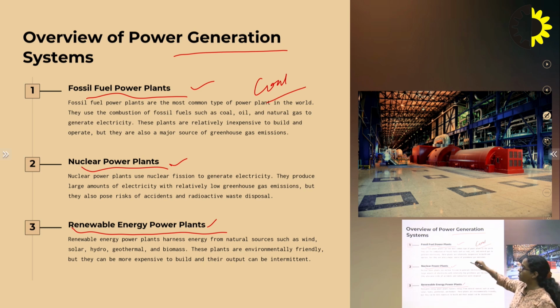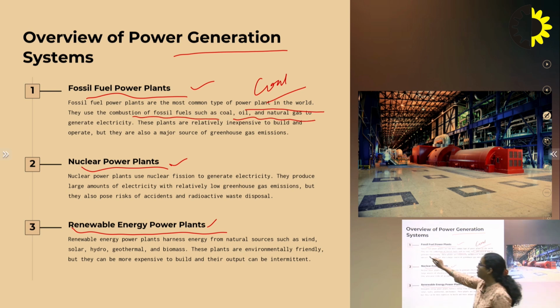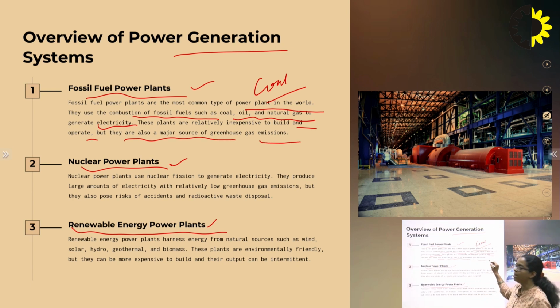Fossil fuel power plants are the most common type of power plant in the world. They use the combustion of fossil fuels such as coal, oil and natural gases to generate electricity. These plants are relatively inexpensive to build and operate, but they are also a major source of greenhouse gas emissions. So this is the drawback of fossil fuel power plants.